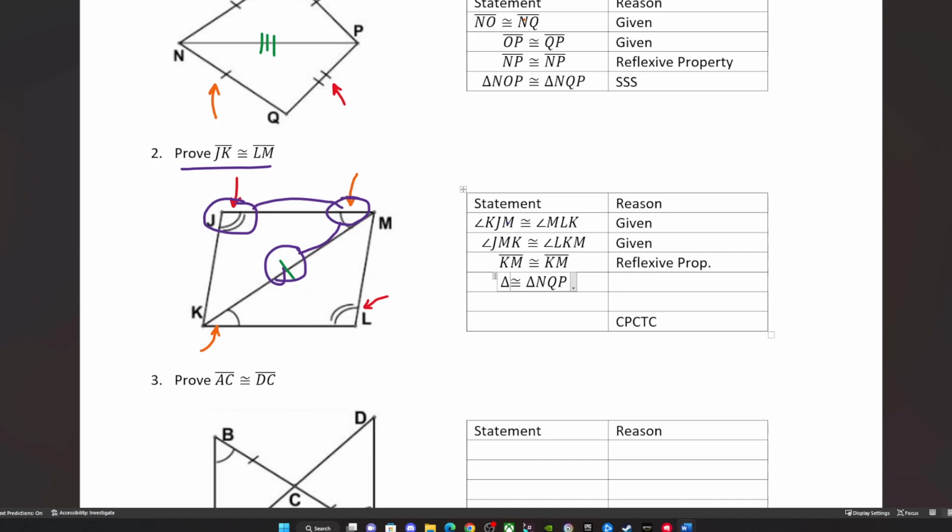The name of the triangle on the left would be KJM, and the triangle on the bottom would be KLM. So these two triangles are congruent. Why are they congruent? They are congruent because of the angle-side-angle triangle congruence theorem.